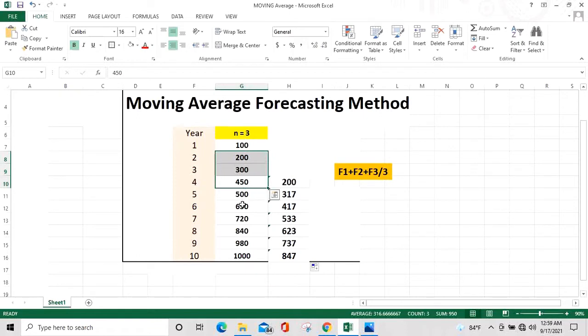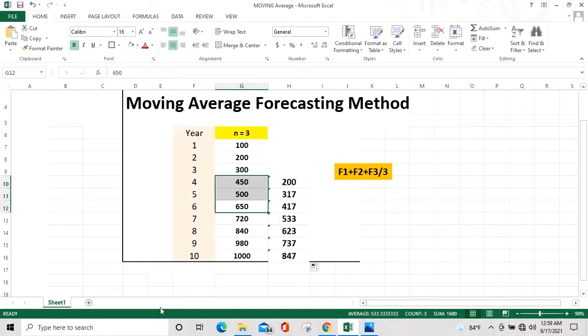So every previous 3 years' data has to be averaged to find the forecast for the next year. When we calculate year 7, we have to use the previous 3 years, meaning year 6, 5 and 4. So do not include year 3's data and year 2's data. Every time you use the previous 3 years' data, and you get the answer.